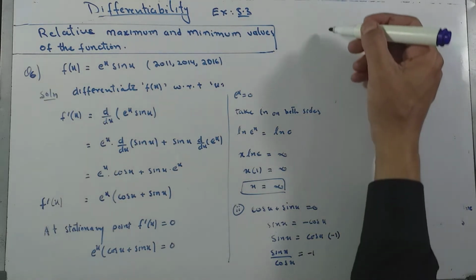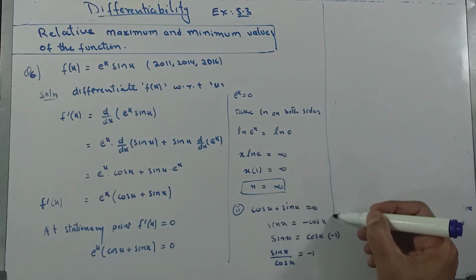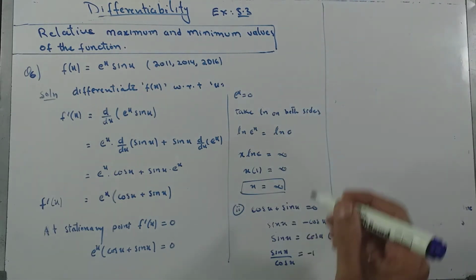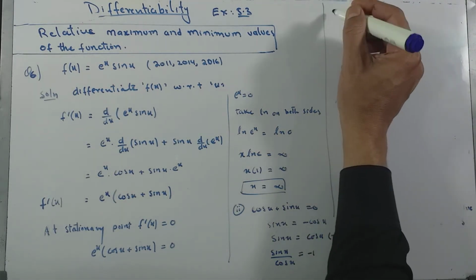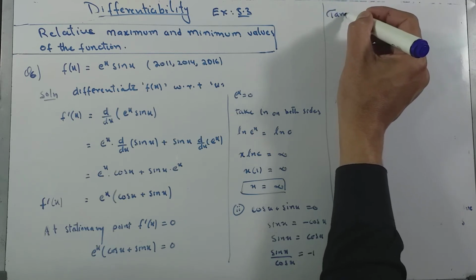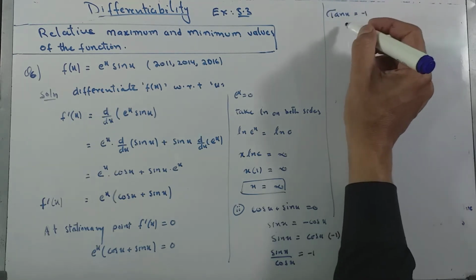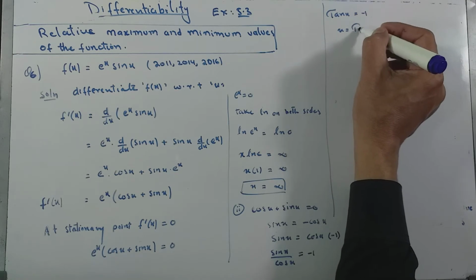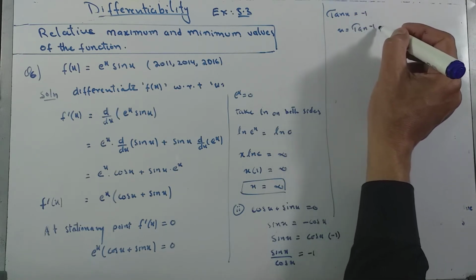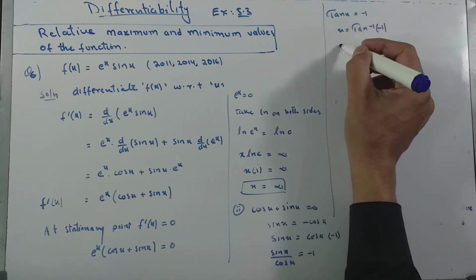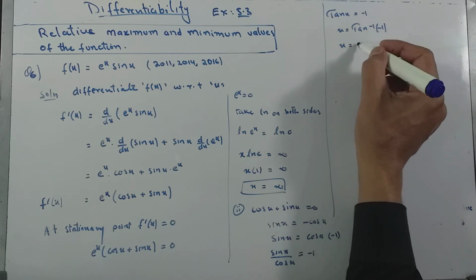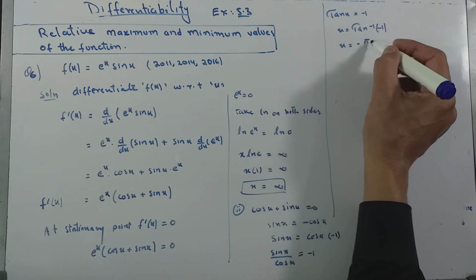Now sin x upon cos x is tan x. Tan x is equal to minus 1. x is equal to tan inverse minus 1. Tan inverse minus 1 is equal to minus pi upon 4.